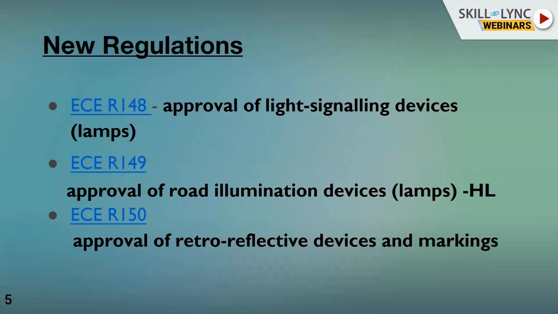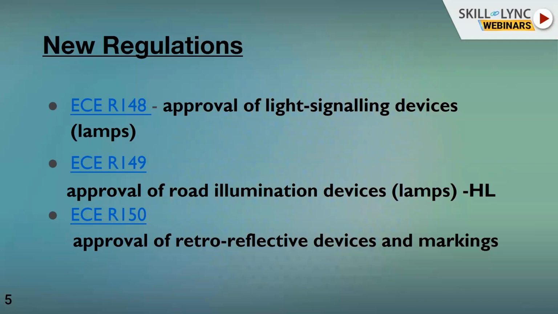And if they got feedback on the tail function or the stop function, they had to update R7, R28 accordingly. So this was very time consuming, and every day they were releasing amendments on their regulations. Now they only have to update one file. Like if they got feedback on the turn signal, they only have to update R148. They do not have to update the complete tail function regulation.